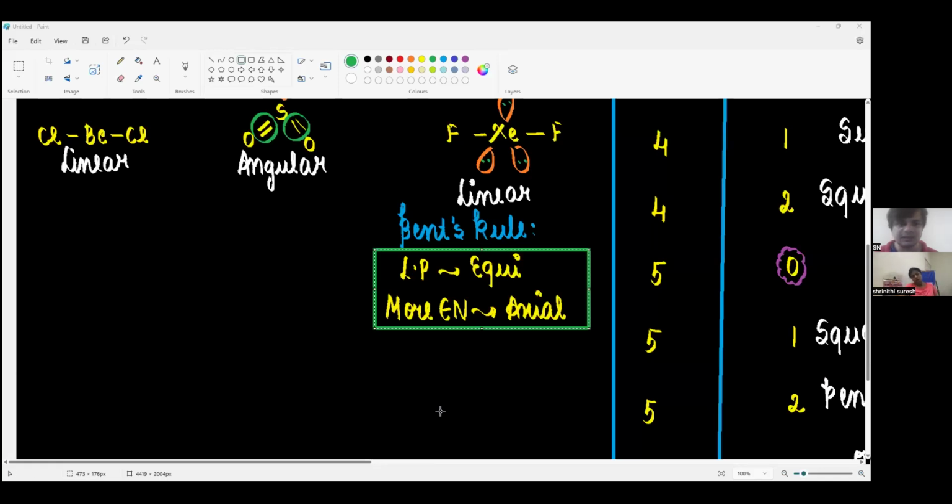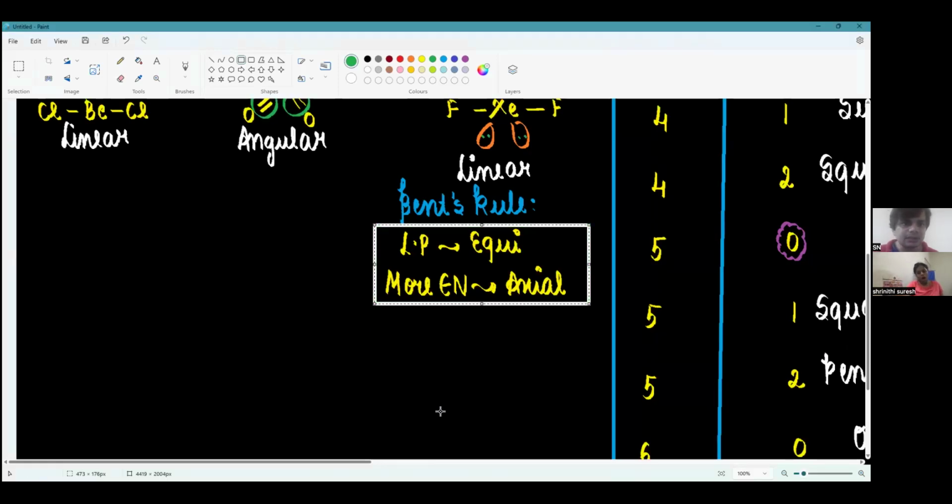If I give you one more example, let me give you one more example, and that example over here will be of I3 minus. In I3 minus also it will be the same. It will have 2 sigma and 3 lone pairs.